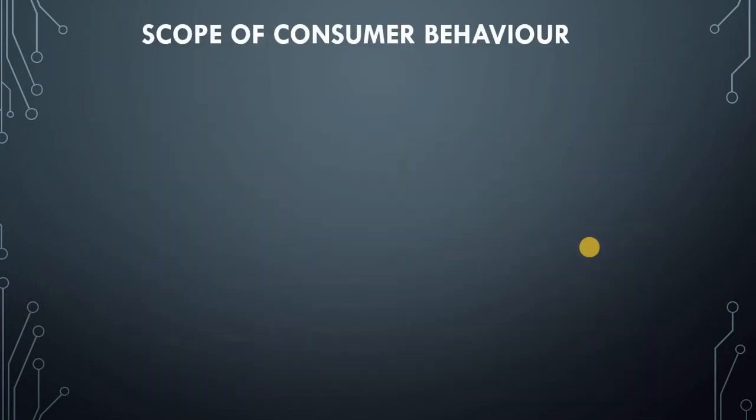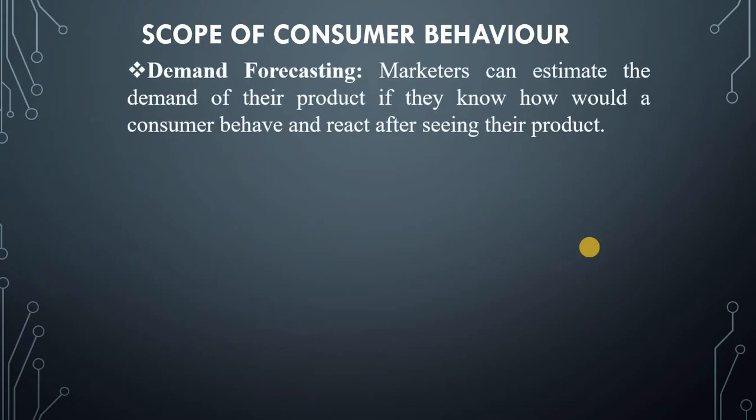Then let us go to the scope of consumer behavior. First of all, demand forecasting. Marketers can estimate the demand for their product if they know how a consumer would behave and react after seeing their product. Marketers, in the sense of manufacturers or sellers, can estimate the demand for their product.